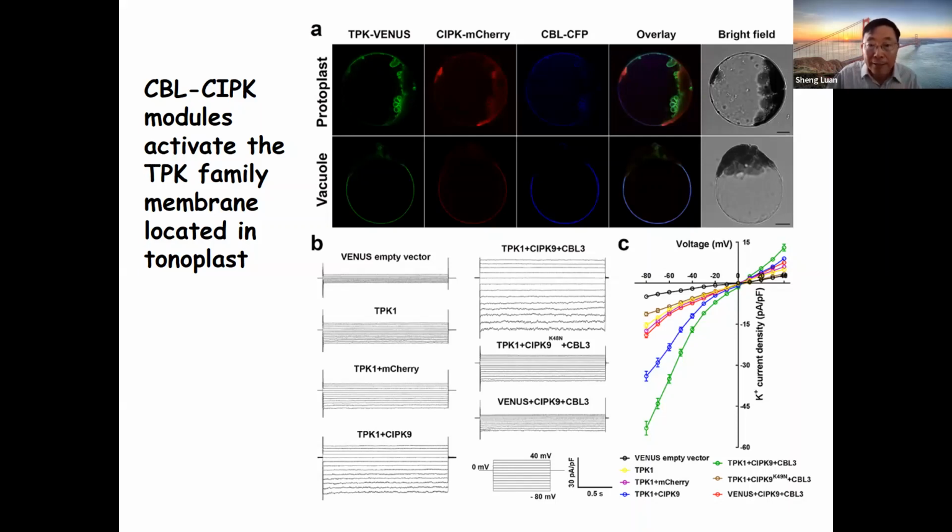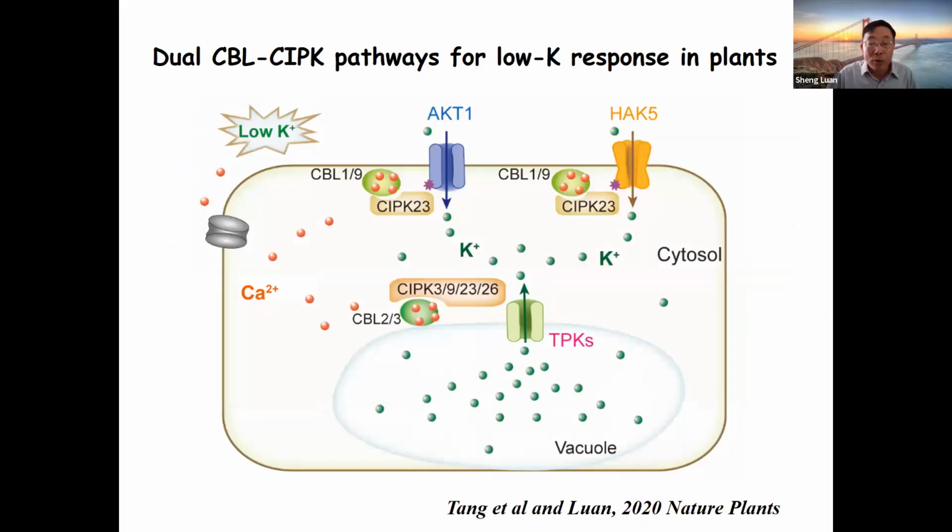TPK in response to low potassium, so that potassium can be remobilized from the storage vacuole and support metabolic and cell growth. Okay, so now with that, I want to summarize what I told you. In response to low potassium, we know a calcium signal is produced, though through which channel is still a question mark.